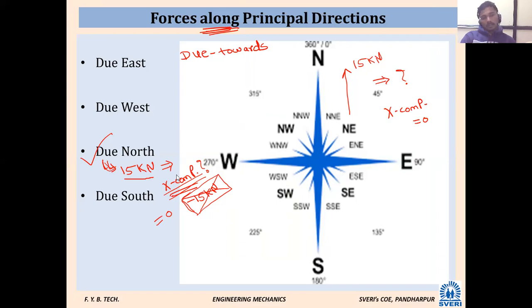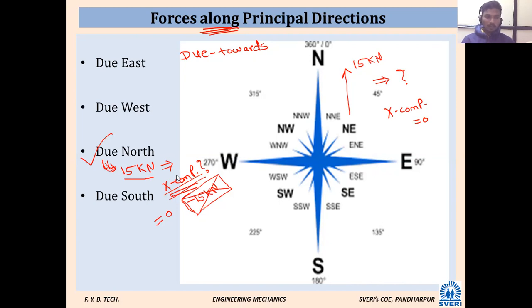If a force of 50 kilonewton is due south, what will be its Y component? Minus 50 kilonewton.